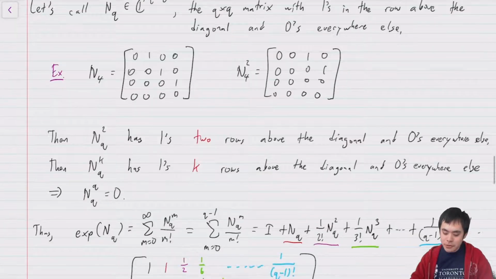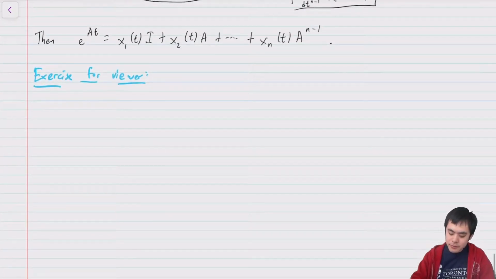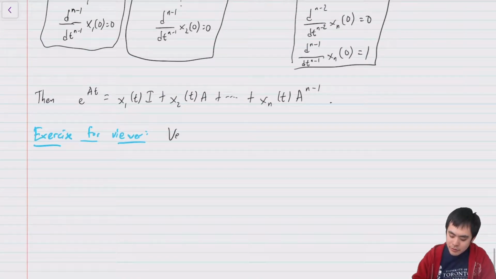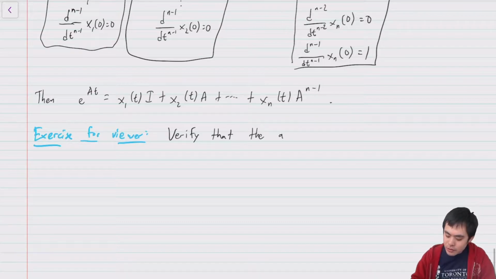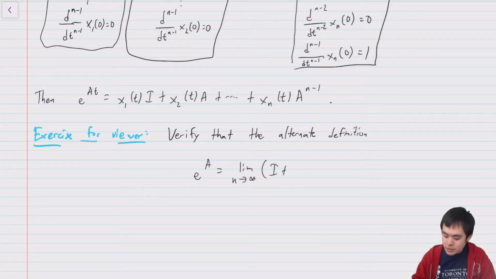The exercise for the reader is to verify that the alternate definition, e to the A is equal to the limit as m goes to infinity of the identity I plus 1 over m A, to the m, also works.